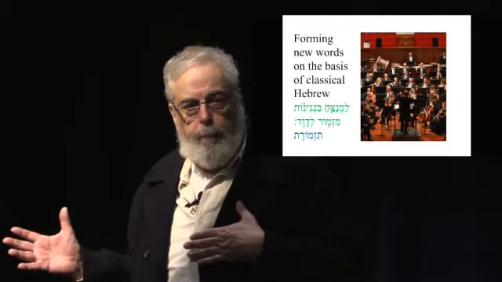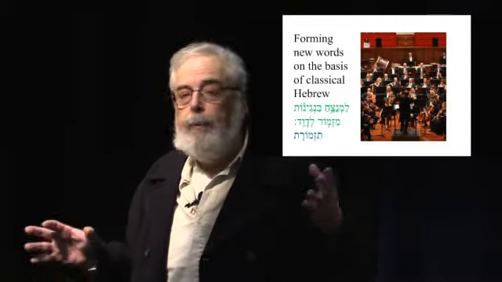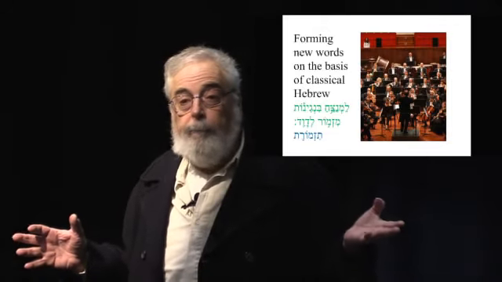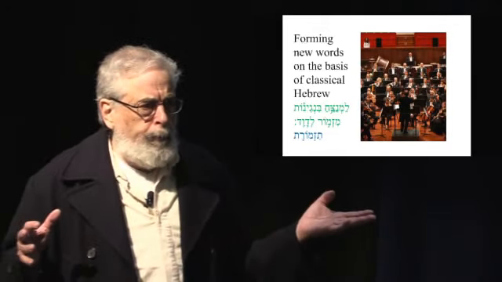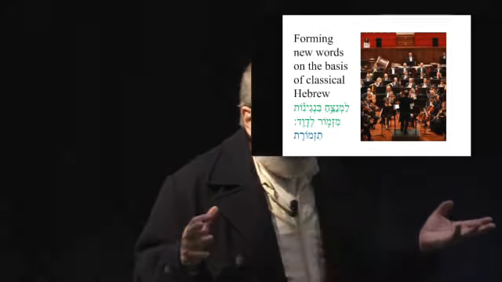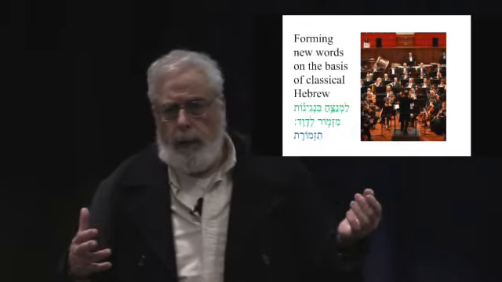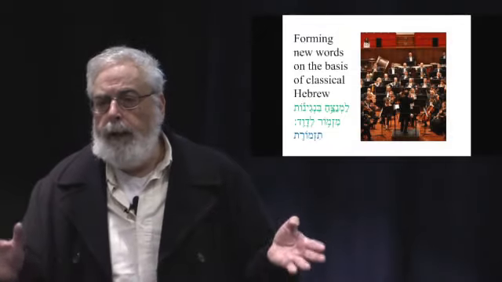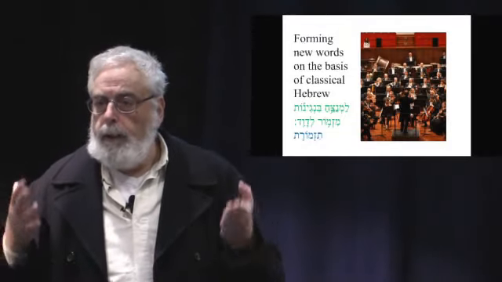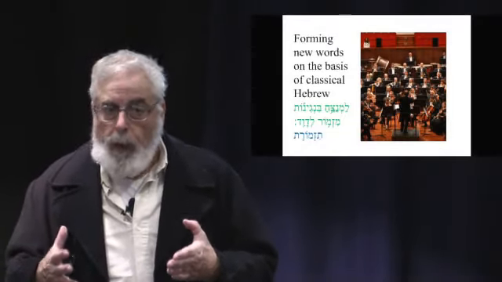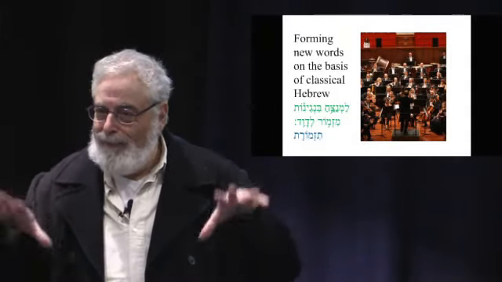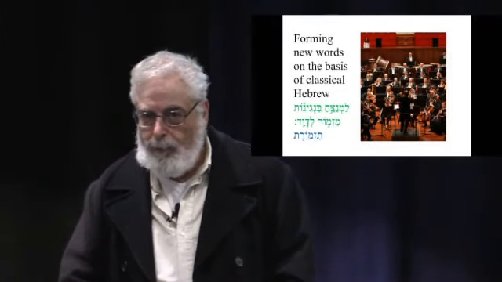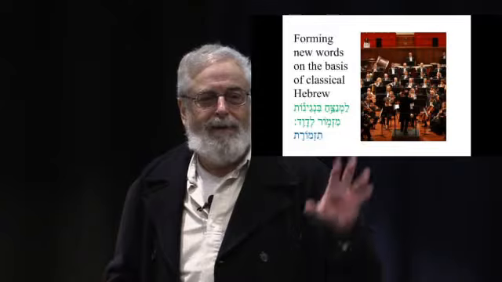Tizmoret is a pattern, Tiktolet, Tifolet, plus Zayin Mem Resh. And in the beginning it was for a concert, and some years later, it was adapted to an orchestra. And until today, an orchestra is Tizmoret. It is a new word, but based on ancient roots, the pattern and the root.